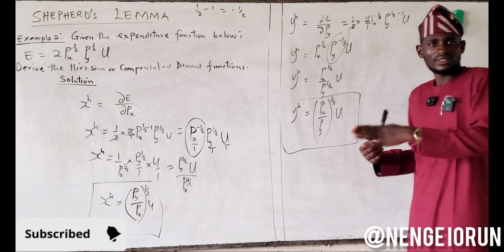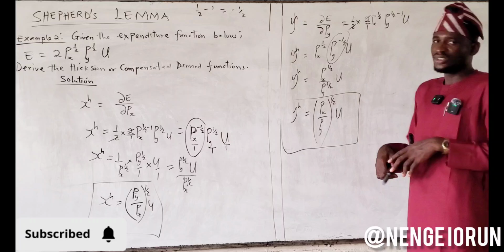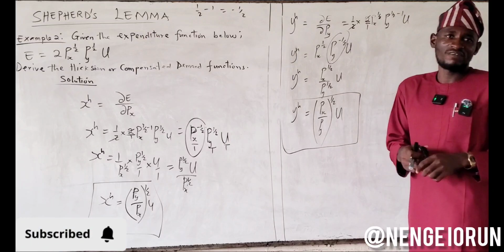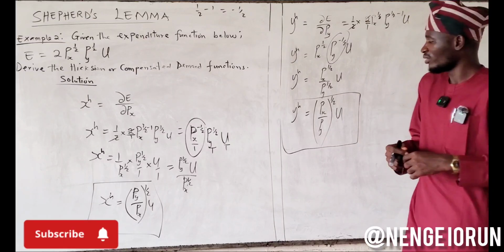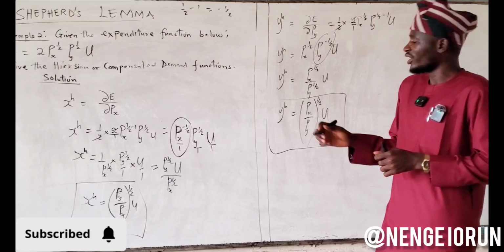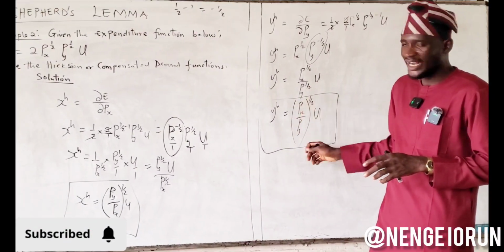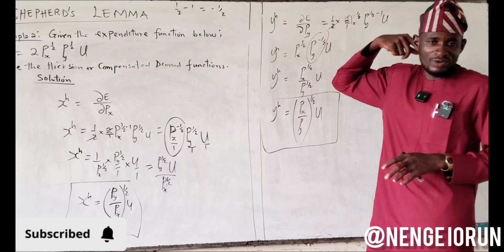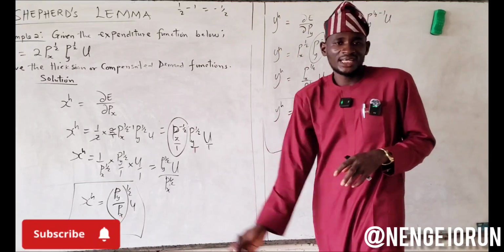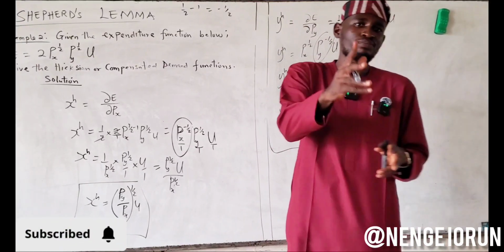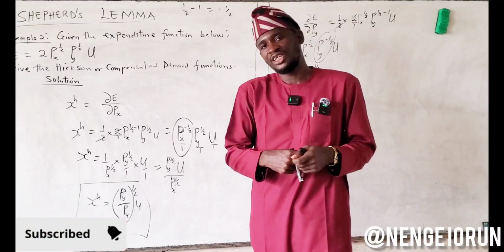If you solve and you have something identical of this nature, you know that you are not far from the correct answer. But also remember that a Hicksian demand function is a function of the two prices and utility, whereas the Marshallian demand function is a function of one price and the income.